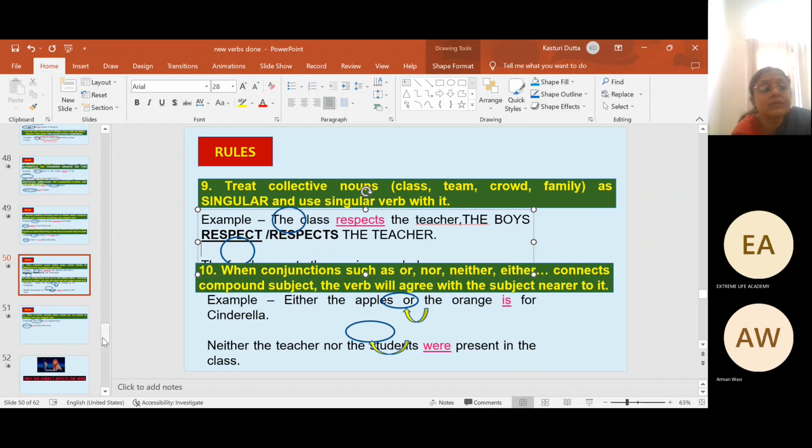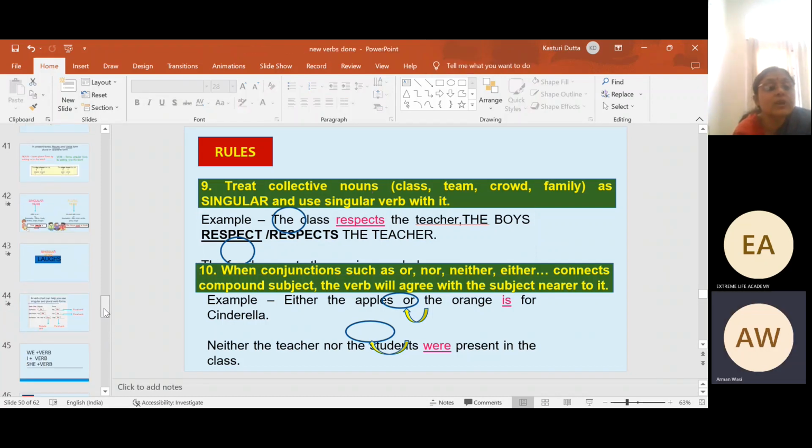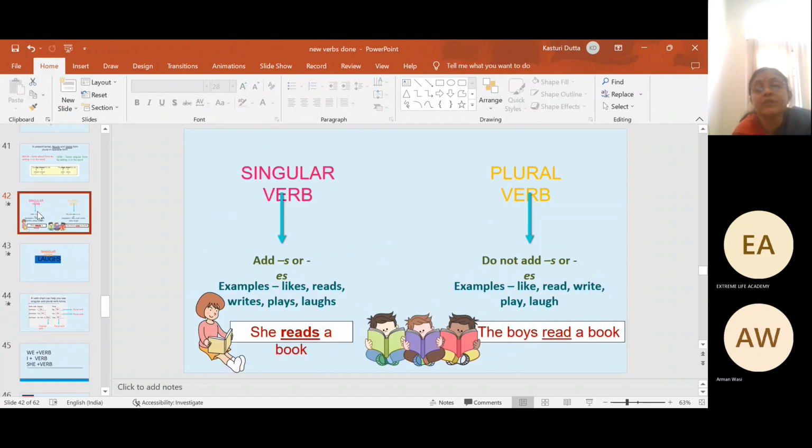You see this sentence once again. Try to understand the concept a little bit deeply. See, the boys. What was the sentence? The boys read a book. Just a minute, let me see the screen. The boys read a book.